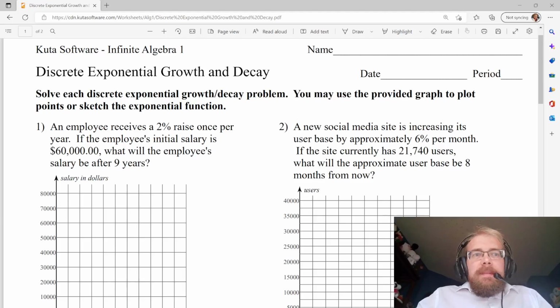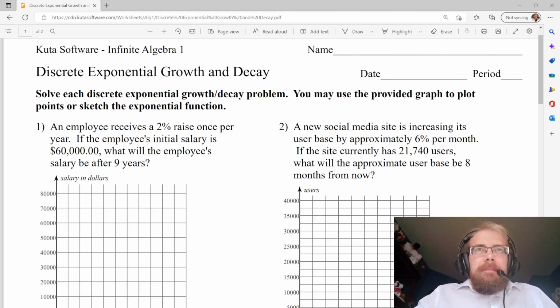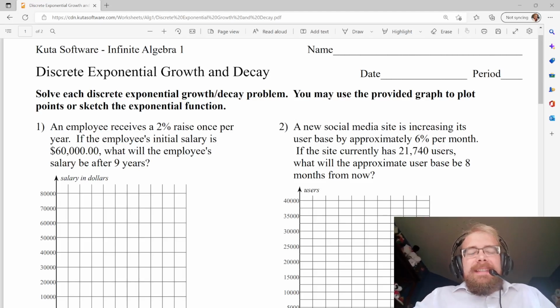So the directions specifically say to solve each discrete exponential growth decay problem. By the way, discrete doesn't mean what it normally means in real life, being discreet about something, like keeping a secret. It doesn't mean that. Discrete in math, the simplest way I can describe it, is points rather than a line or a curve.